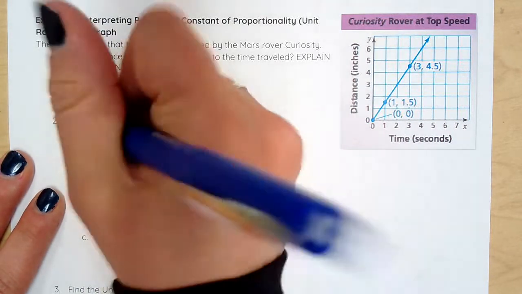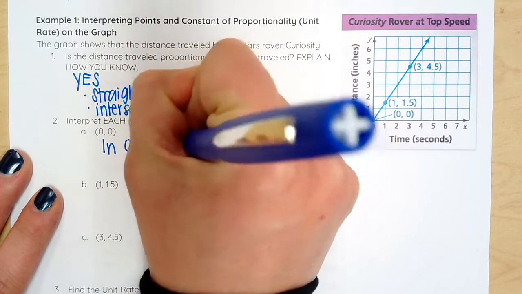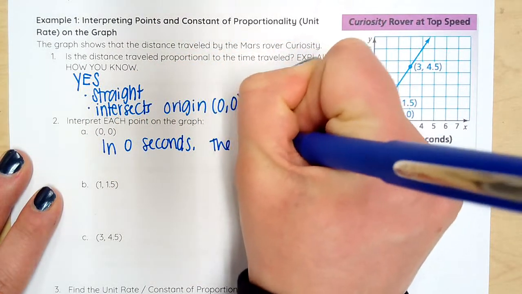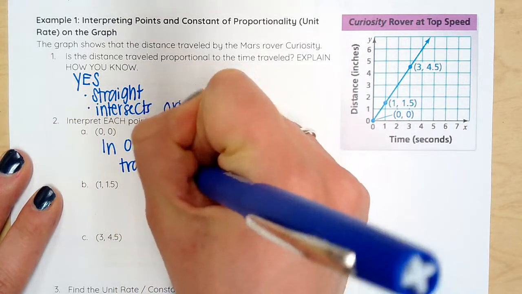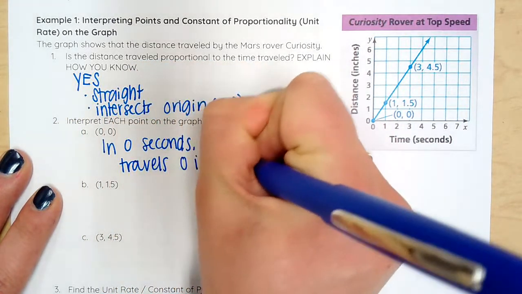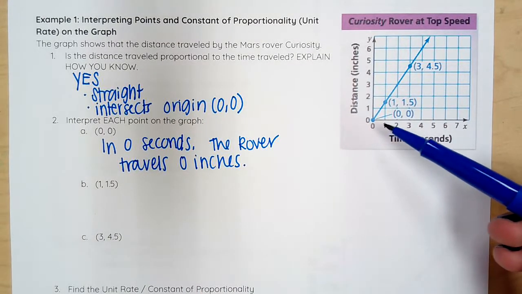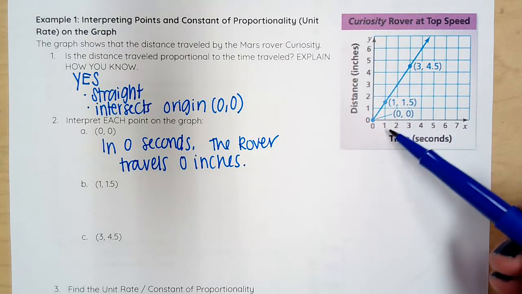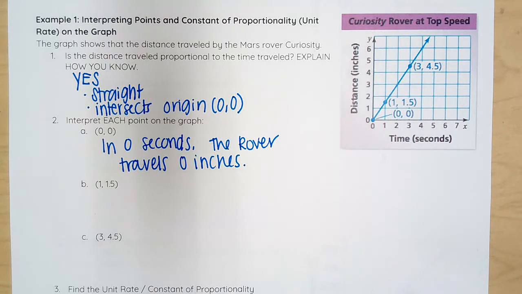So we would say in 0 seconds, the rover travels 0 inches. According to this data, in 0 seconds, the rover travels 0 inches.